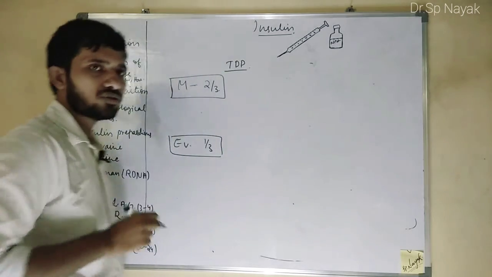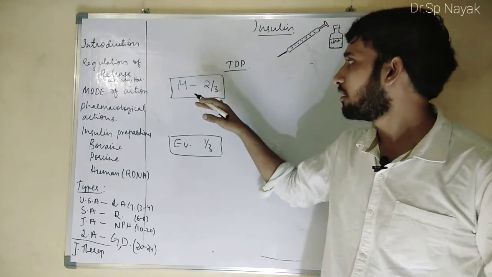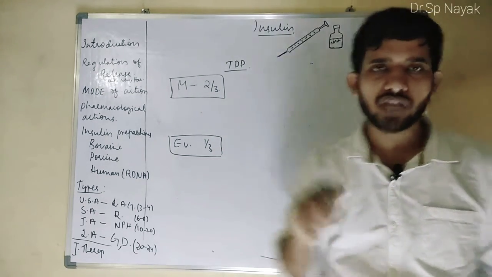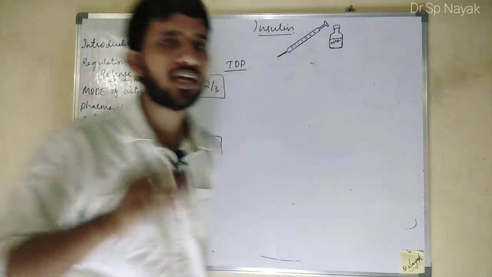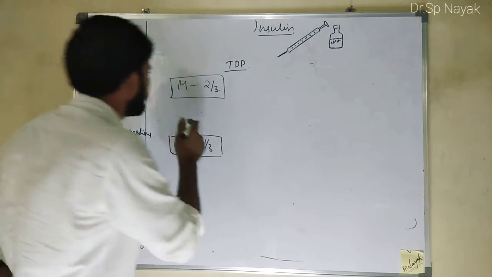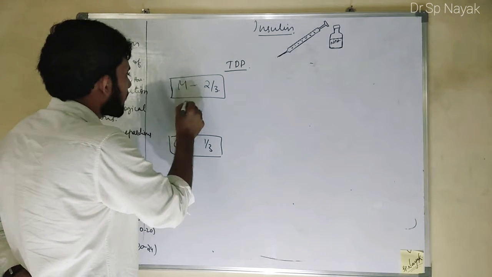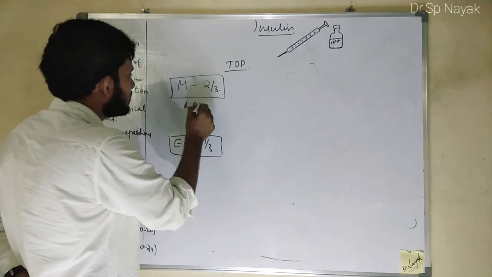And in the morning dose, which insulin is given? We have ultra short acting, intermediate acting, and long acting. Which one will be given? For this we have another principle.